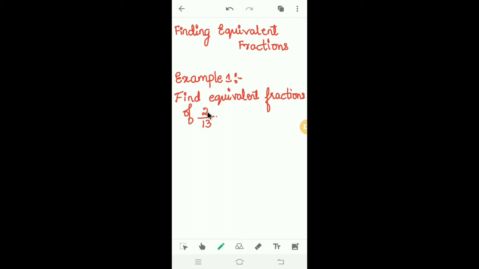We can't divide 2. So, we have to multiply by 3. Here we have to multiply numerator and denominator by 3. 2 threes are 6, 13 threes are 39.